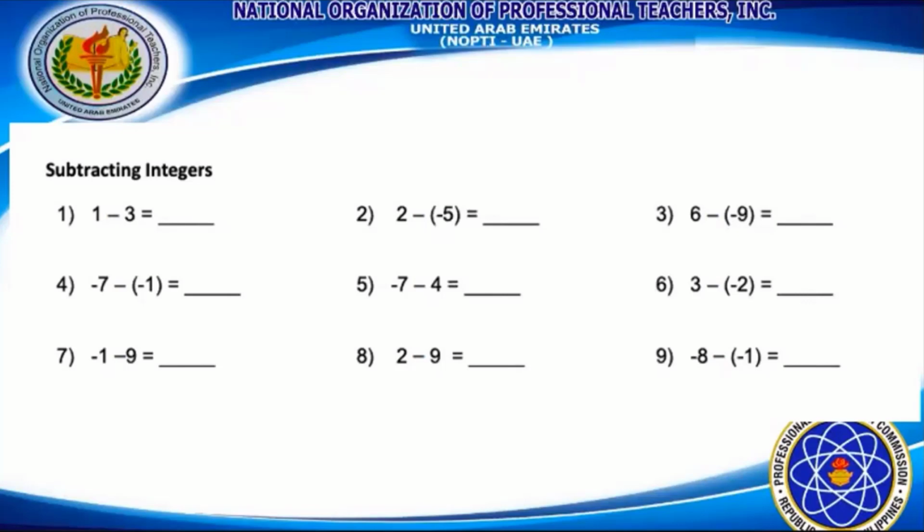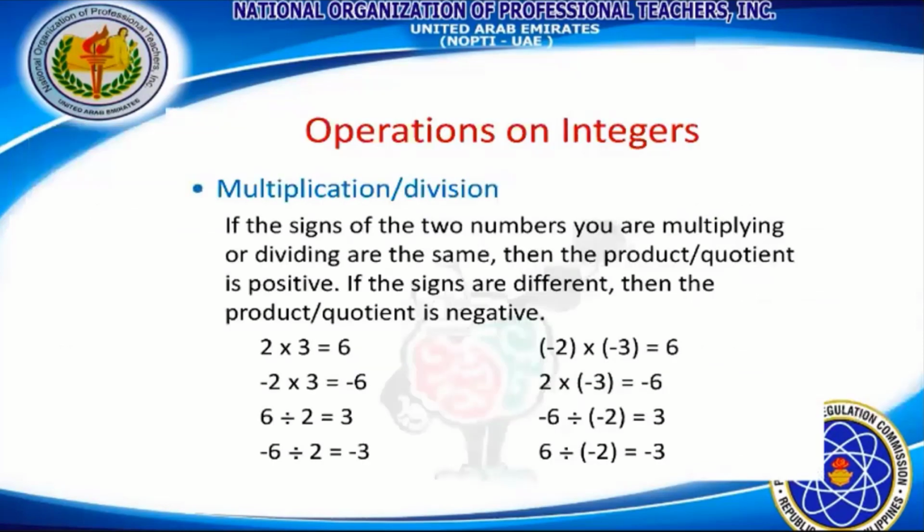Now, so dyan lang naman, medyo mahirap ang subtraction. So when we proceed to division and multiplication, very easy. Sisiw lang ito. So, ano yung rule? In division and multiplication, pag same sign, the answer is always positive. Kung hindi pareho ang sign, the answer is always negative.